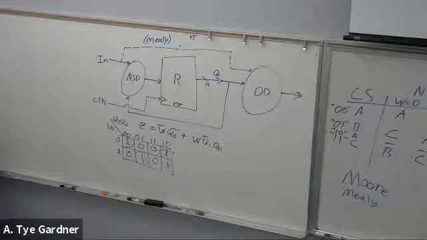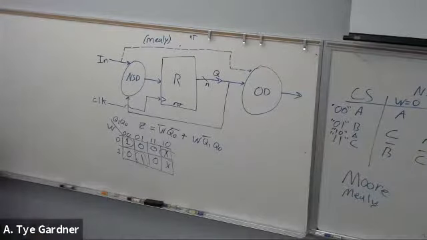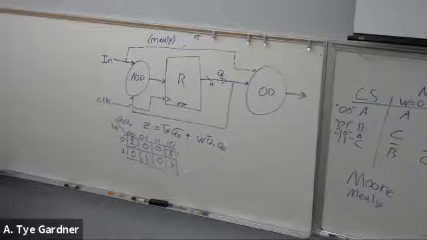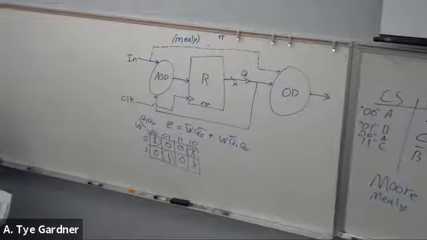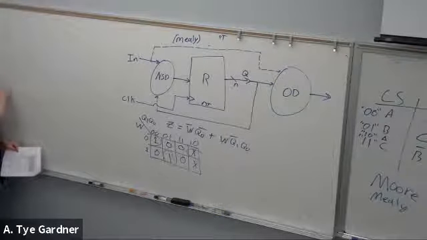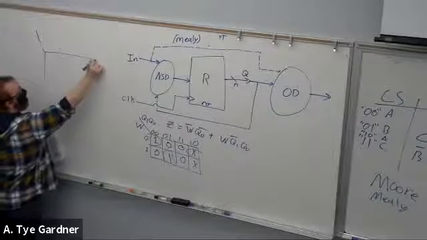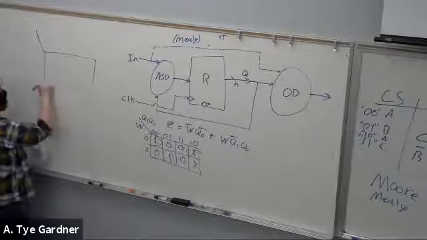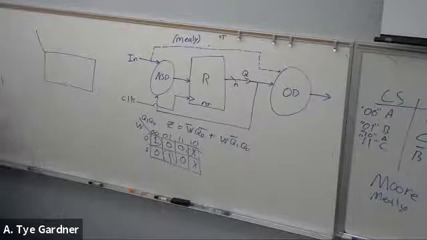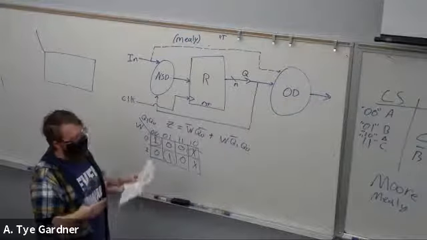Okay, now let's do the next state decoder. The next state decoder is much like the output decoder in that it is going to have 3 possible inputs.